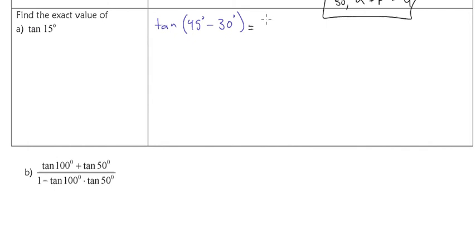So this is going to be the tangent of alpha, 45 degrees, minus the tangent of beta, which is our 30 degrees, all divided by 1 plus, this is the opposite sign there, 1 plus the tangent of 45 times the tangent of 30.